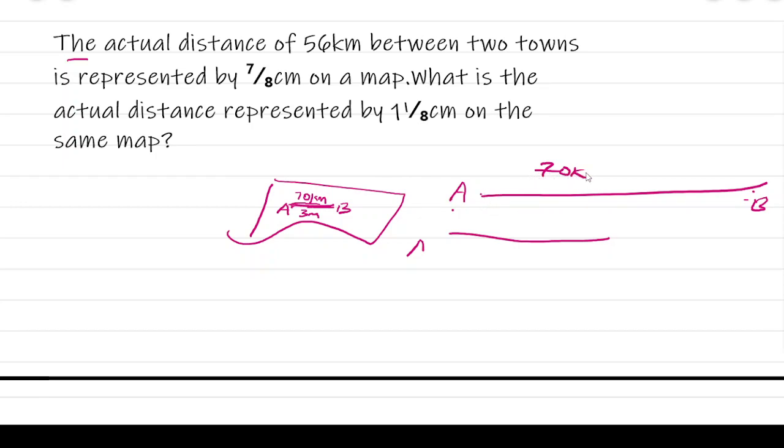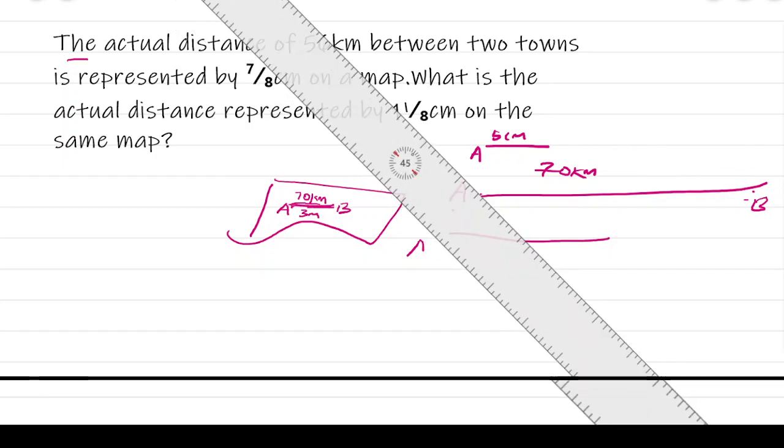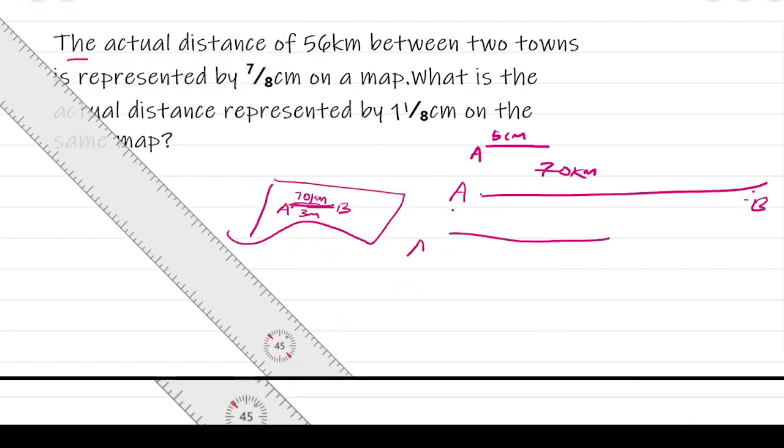We may say, okay, let's use 5 centimeters to represent 70 kilometers, so that when we measure on a map with a ruler, if we get 5 centimeters, let me show you what I mean. If you have your ruler and you measure from this point to this point, and let's say we have measured 5 centimeters.